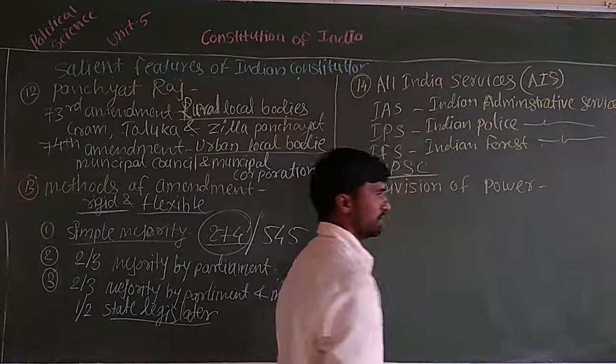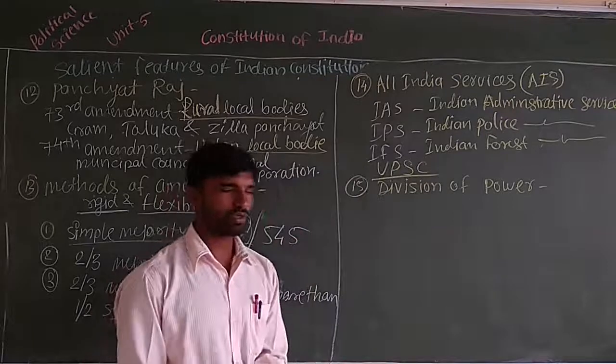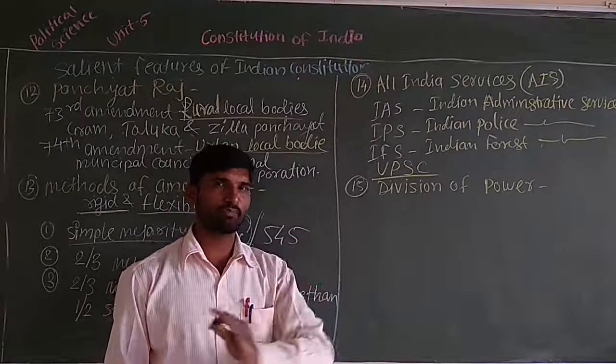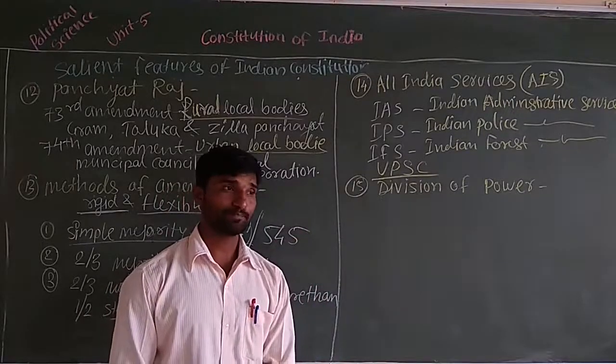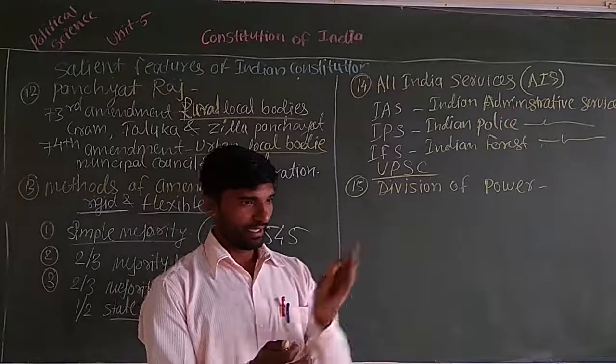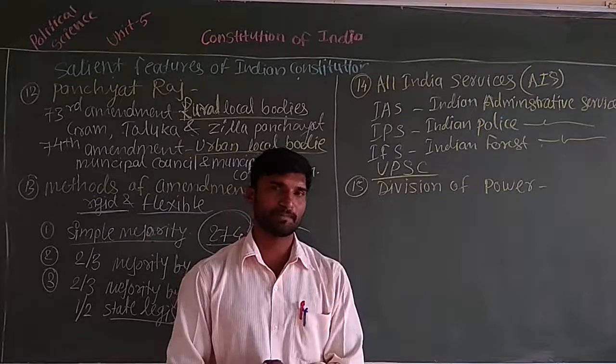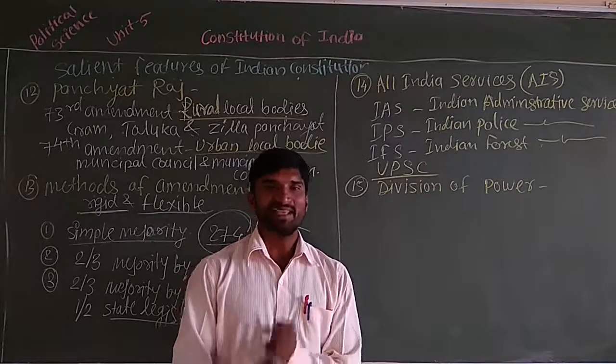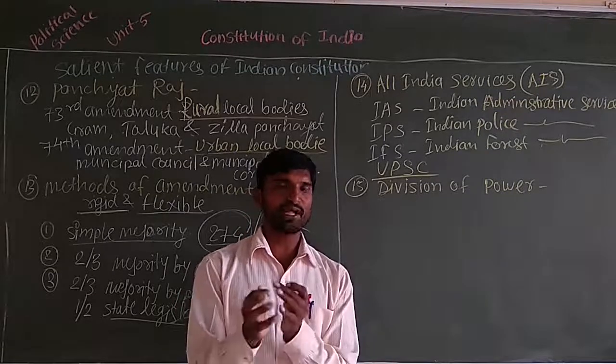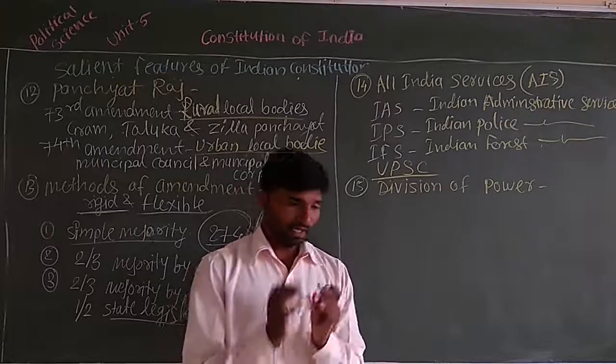Division of power. So division has already been done into central government, state government and Panchayat Raj. But in central and state government, which are the 3 organs of these governments? Yeah, legislature, executive and judiciary are there.